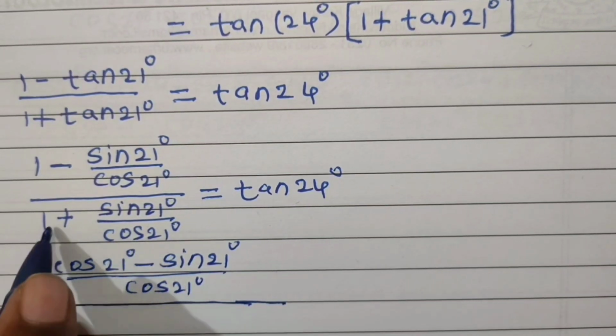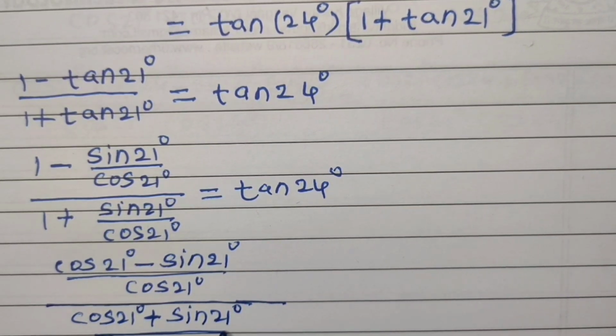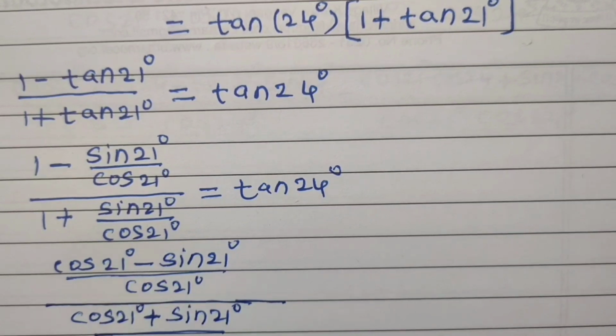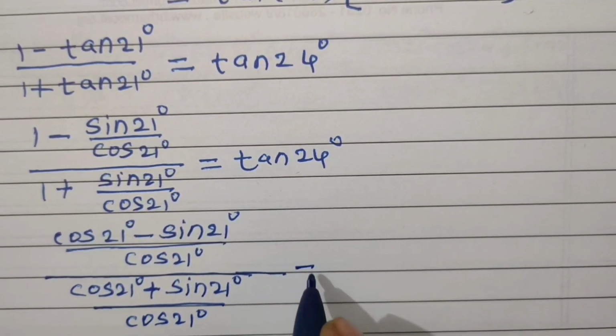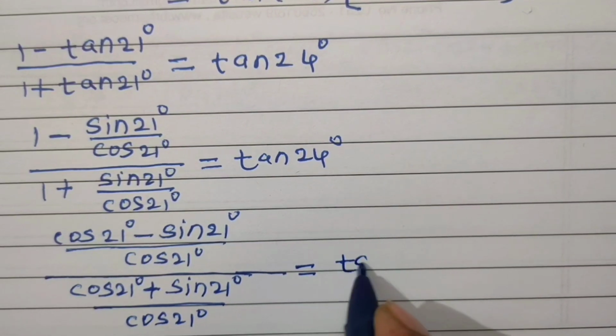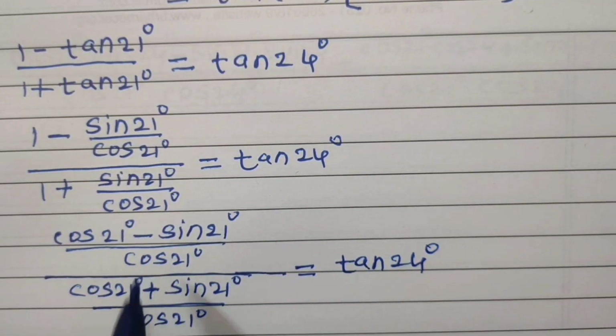In the denominator also, cos of 21 degree plus sin of 21 degree, and this divided by this cos 21 degree. Okay. So this is the simplification on the left hand side, keeping the right hand side as it is, tan of 24 degree. Now this cos 21 degree cancels with this cos 21 degree.